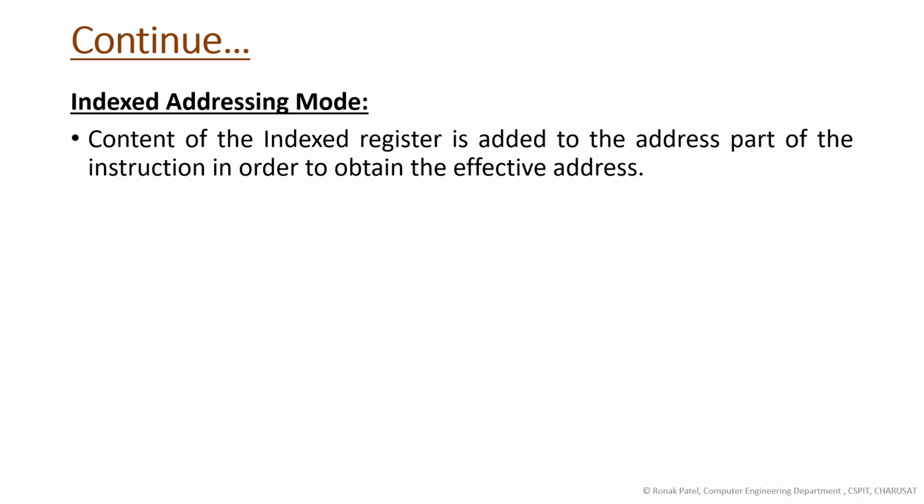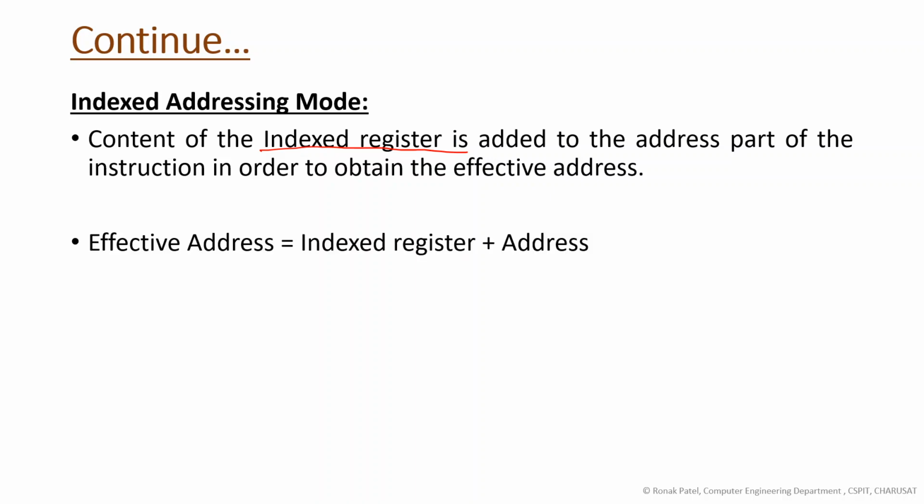Next is index addressing mode. In this index addressing mode, the content of the index register is added to the address part of the instruction in order to obtain the effective address. In the previous case, relative addressing mode, the content of the program counter is added. Here, the content of the index register is added to obtain the effective address.